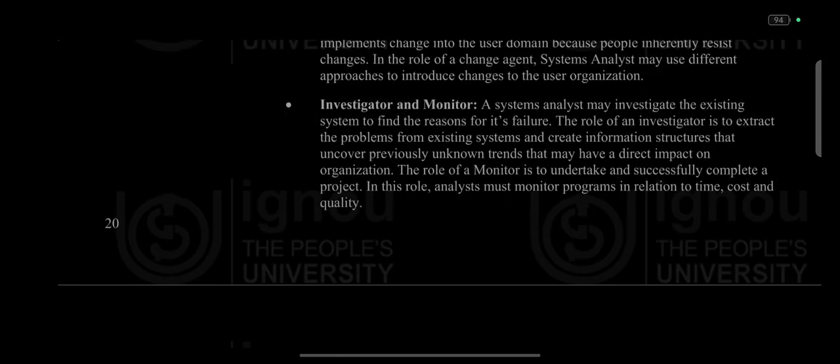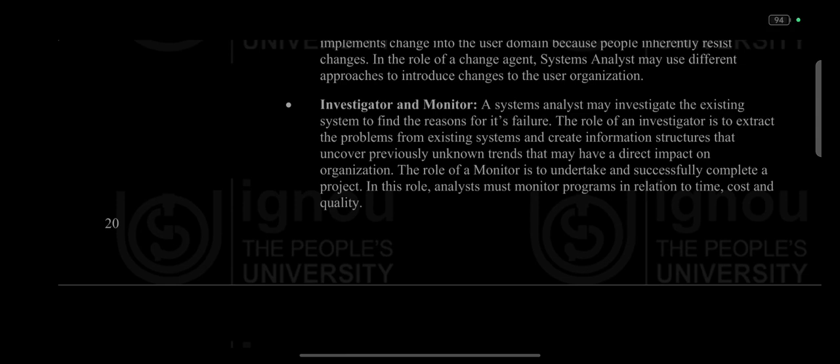Investigator and monitor. A systems analyst may investigate the existing system to find the reasons for its failure. The role of an investigator is to extract the problems from existing systems and create information structures that uncover previously unknown trends that may have a direct impact on the organization.